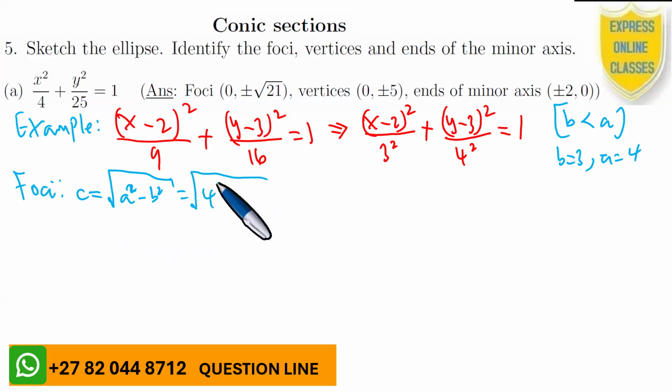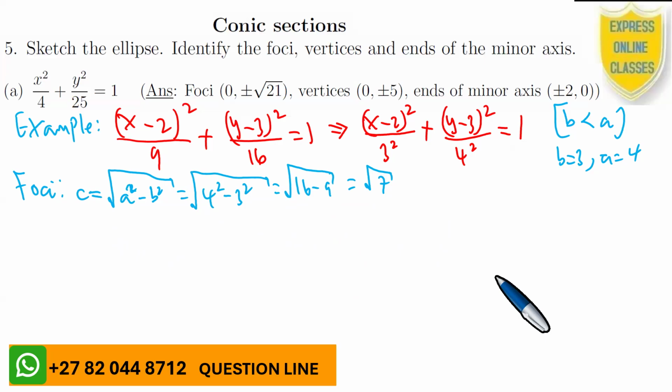A is 4, so 4 squared minus 3 squared. What is 4 squared? 16 minus 9. What is 16 minus 9? It is 7. So c becomes the square root of 7.